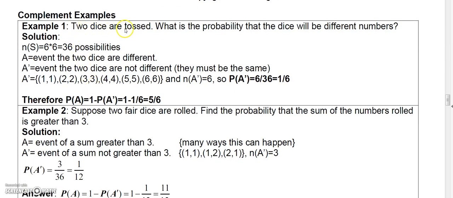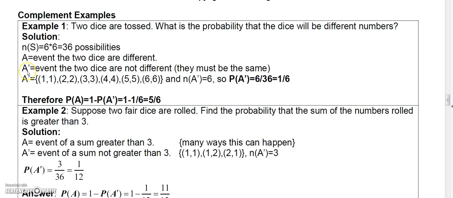Let's say 2 dice are tossed. What's the probability the dice will be different numbers? Well, we know that there's 36 possible elements in the sample space, and let's say that A is the event that the 2 dice are different. That's what we want to find. But A prime would be the event that the 2 dice are not different. In other words, they must be the same. It's easier to count the number of ways that they can be the same than it is to count the number of ways they're different.